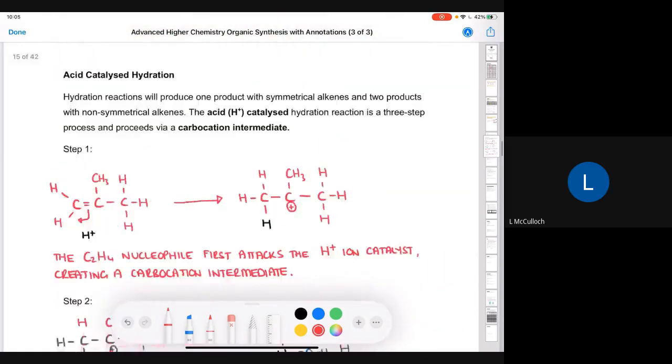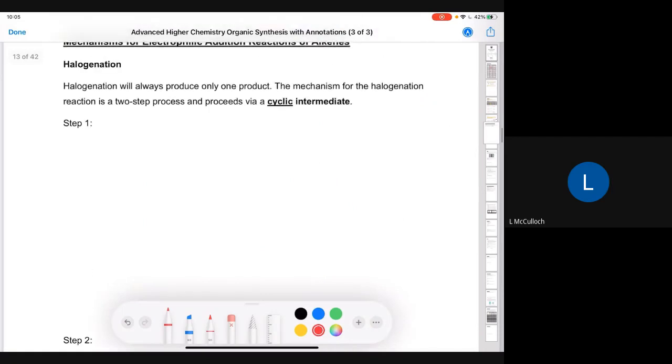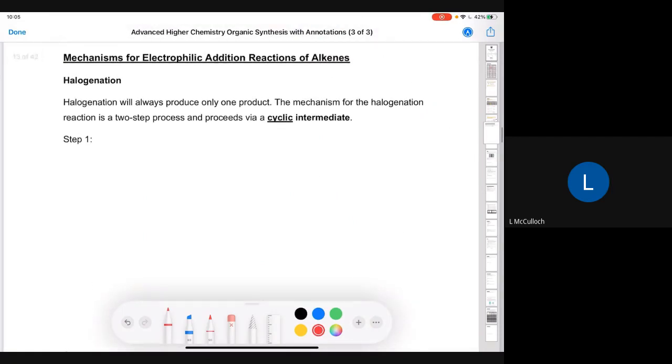Now I'm going to go up to the first addition reaction mechanism that was mentioned in the booklet, which is halogenation. Now the reason why I have left this one to the end is because it's probably the trickiest in terms of drawing it, just because the cyclic intermediate's a wee bit tricky to draw sometimes.